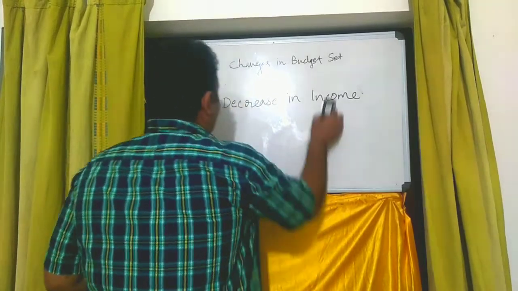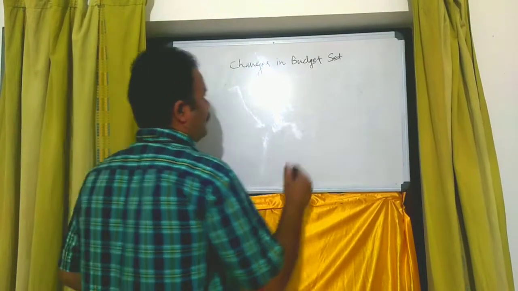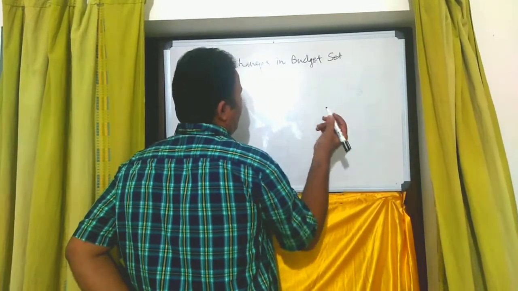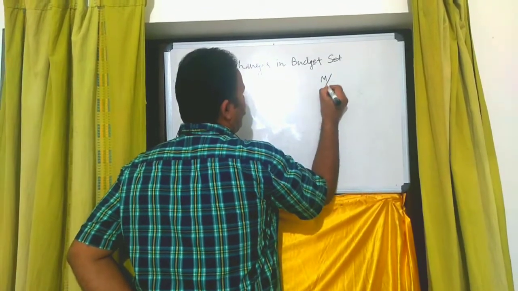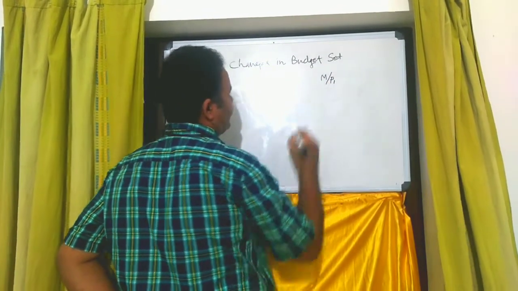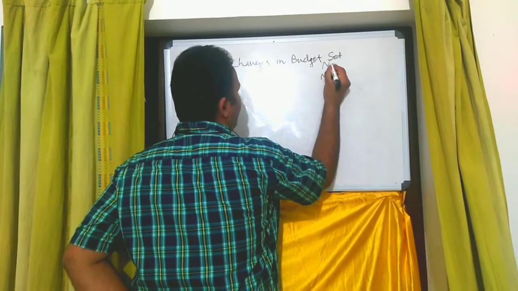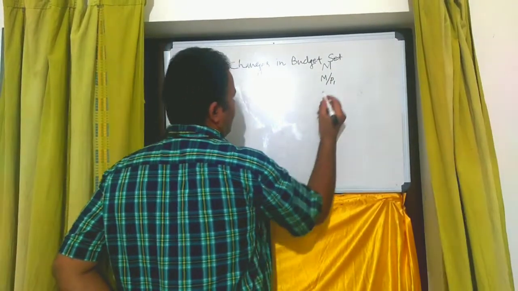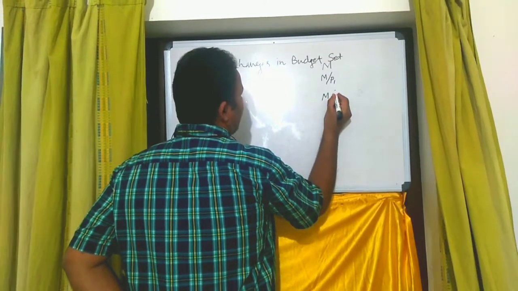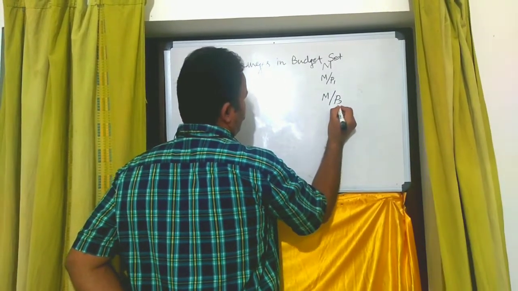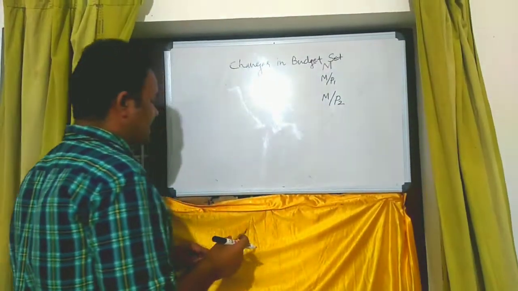Then here the horizontal intercept is M by P1 in the initial case. We know income is M here, horizontal intercept is M by P1. Vertical intercept is M by P2. With this we can draw one budget line.